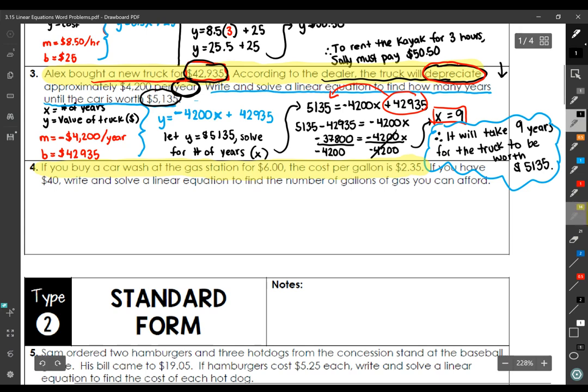Let's start by identifying our variables, our x and our y. So y is our total cost of gas, in dollars. And what affects the cost of the gas? Cost per gallon, so the number of gallons.